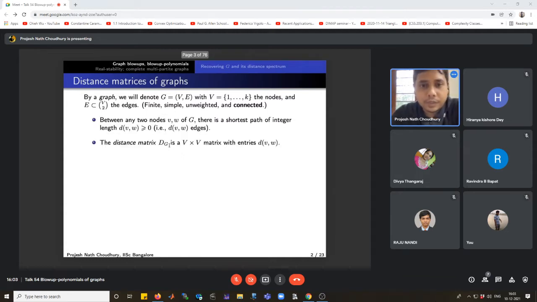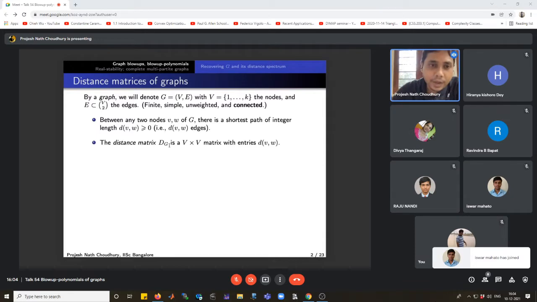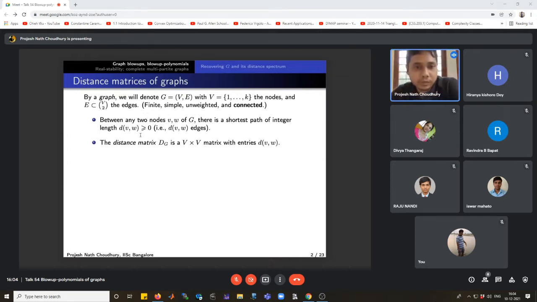Because the graph is connected, for any two nodes v and w, there is a path connecting these two nodes, which cannot be eliminated. So look at all possible such paths and take the path of the shortest length. I will denote this length with d(v,w), which is clearly a non-negative integer, and it is equal to 0 if and only if v equals w.